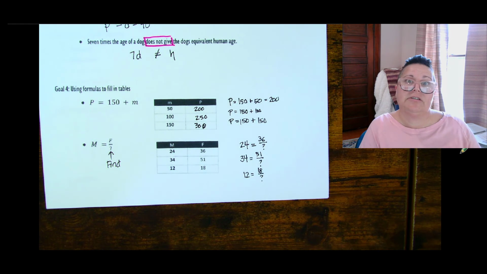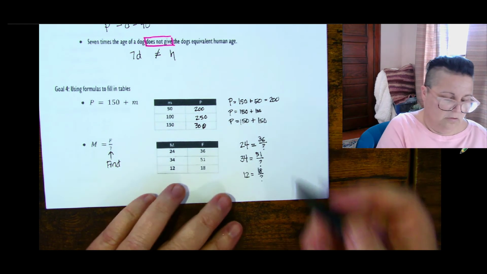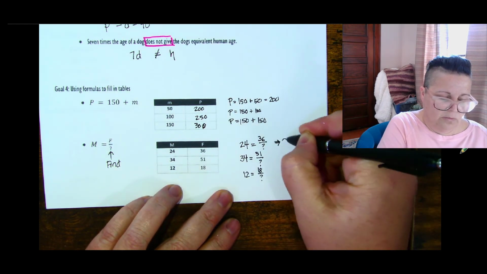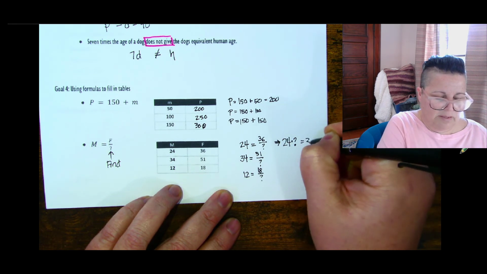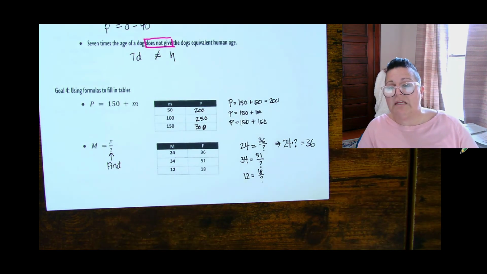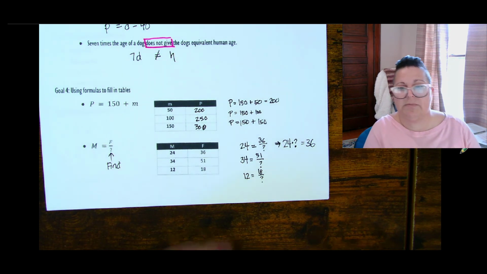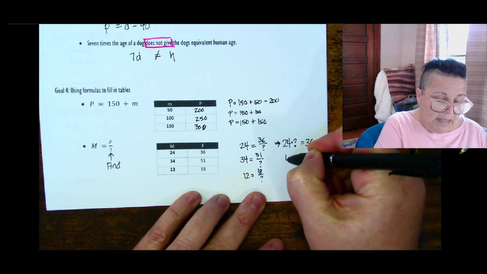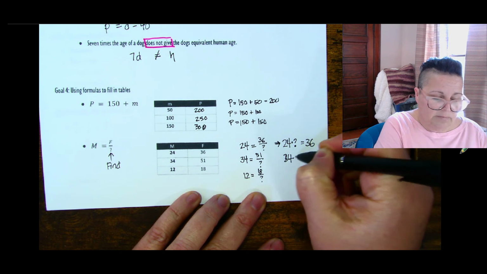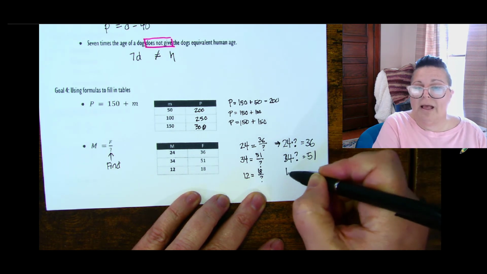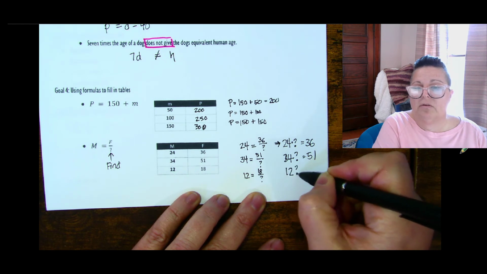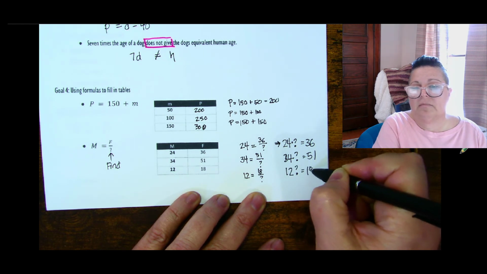Well, since these are division, I want to undo the division, right? I want to figure out, what does this equal? Well, 24 multiplied by whatever that is has to give me 36. Would you agree? 24 times some number has to be 36. 34 times that same number has to be 51. And 12 times that number has to be 18.